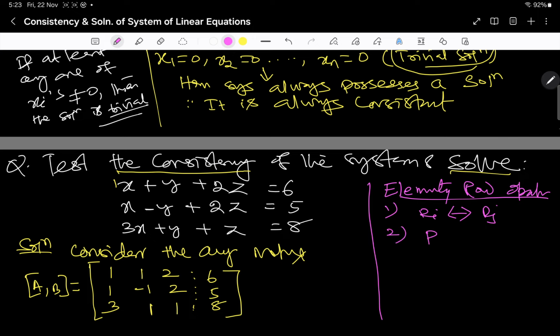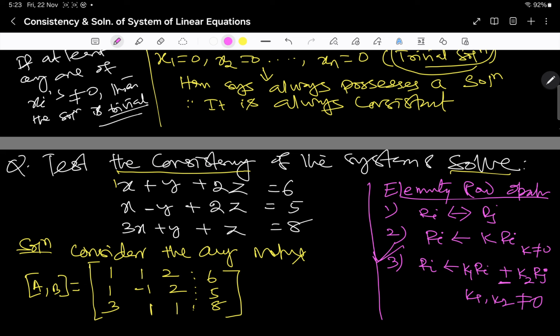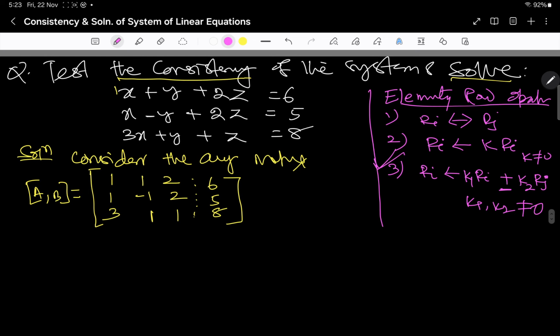Second, we can replace a row by a non-zero constant multiple of the same row. And third, we can increase or decrease a row by a constant multiple of any other row. If a constant is multiplied here, there is no harm. This is a powerful property, where k1 and k2 are not equal to 0.